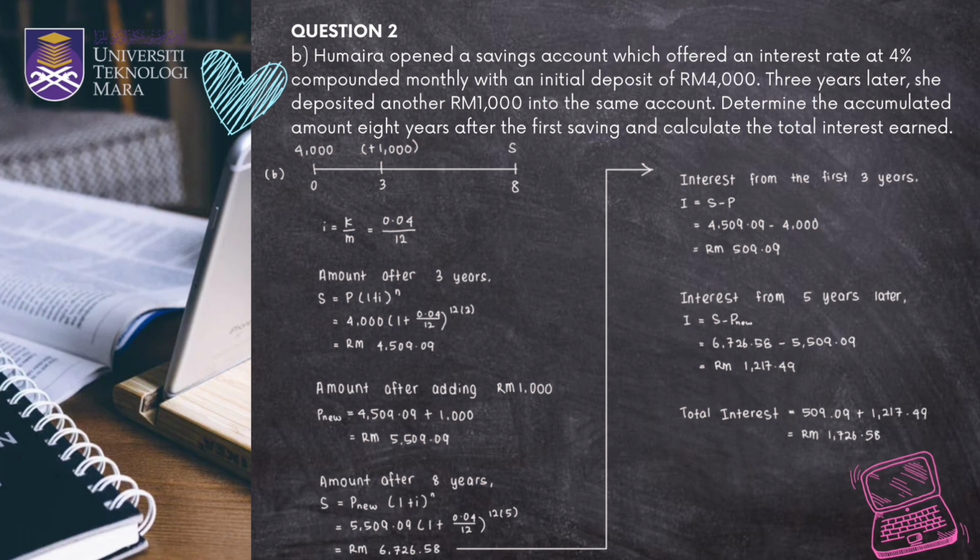Interest from 5 years later, we use the formula I equals S minus P new equals 6,726 ringgit and 58 cents minus 5,509 ringgit and 9 cents equals 1,217 ringgit and 49 cents. Total interest equals 509 ringgit and 9 cents plus 1,217 ringgit and 49 cents equals 1,726 ringgit and 58 cents.